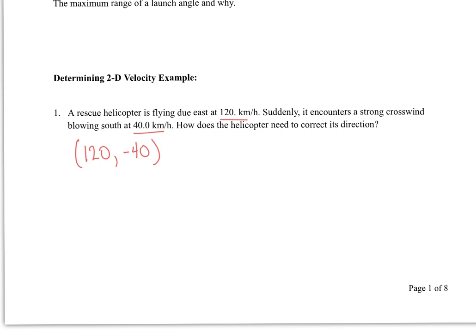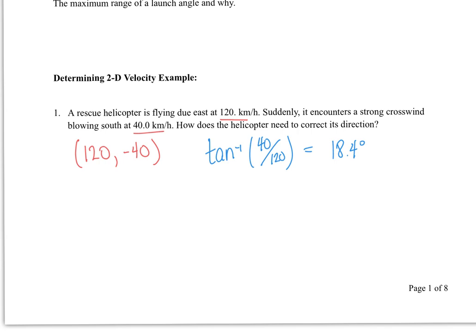And now we're going to look at direction. Direction is always going to be that inverse tangent. Remember, you can ignore this for right now. We will use what we have to figure out how it's blowing. So it is blowing this particular helicopter 18.4 degrees. Remember, it always gives me a reference angle.